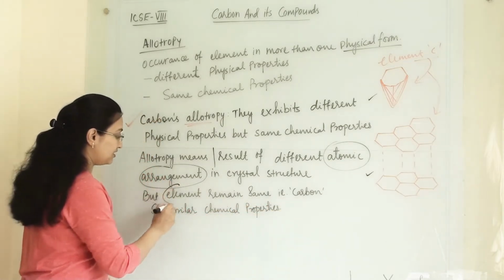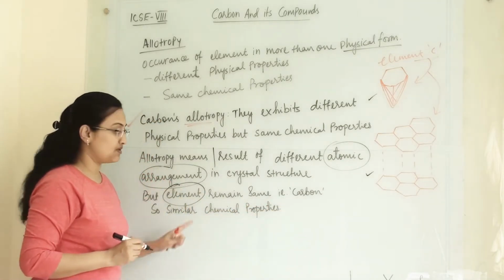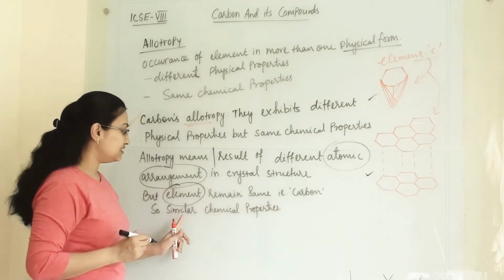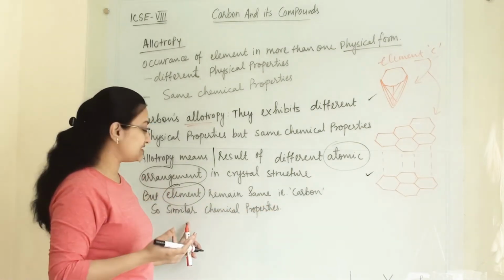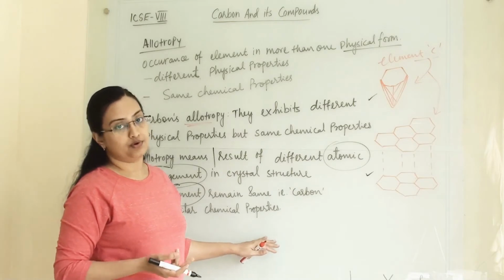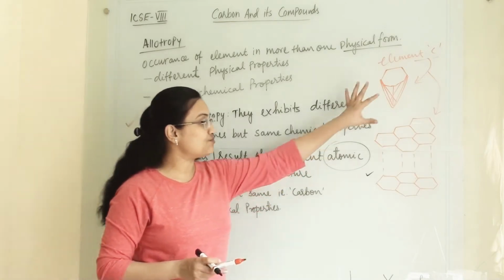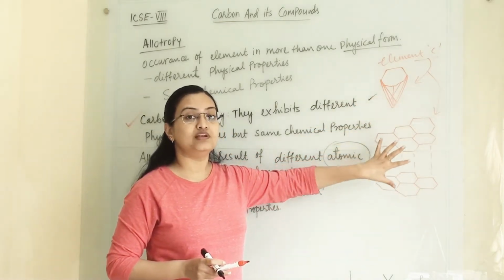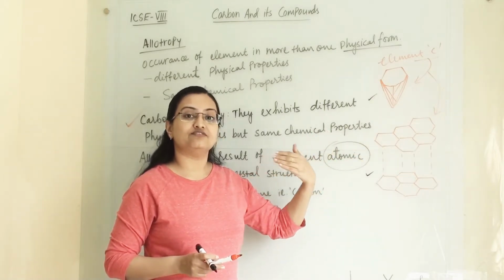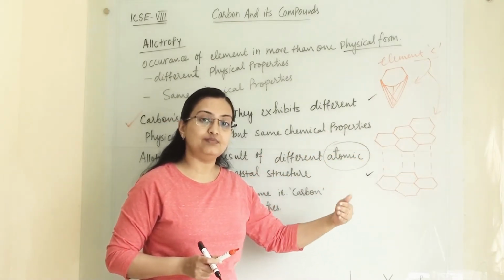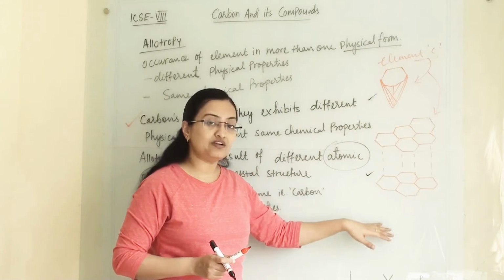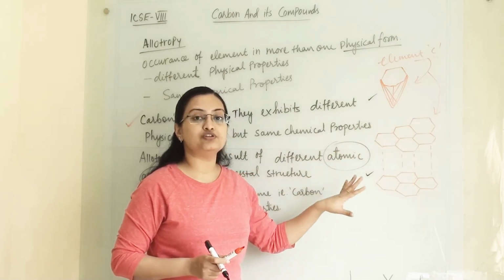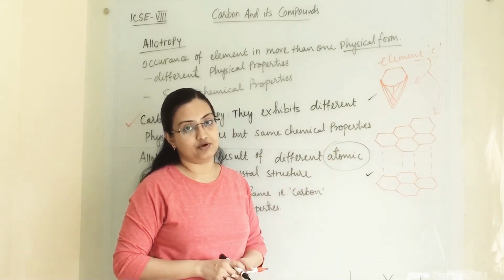So they will possess similar chemical properties. Only the arrangement of atoms will differ. That's why the physical property will be different. But the element will remain the same, so it will show the same chemical properties.